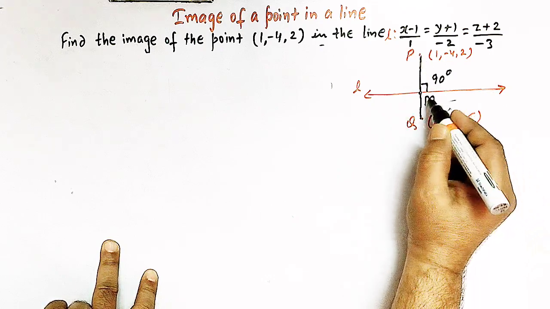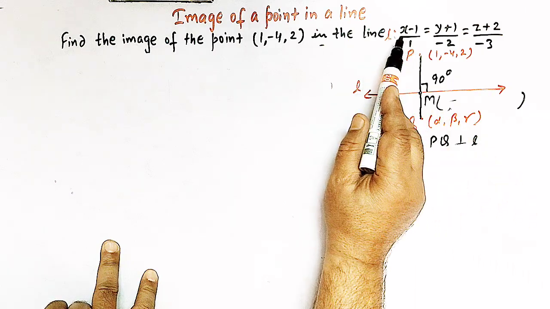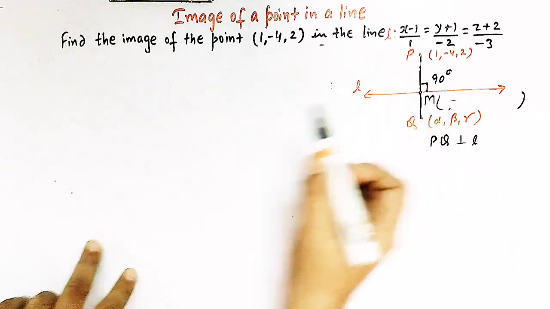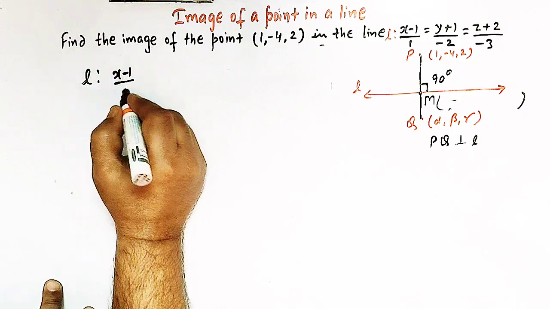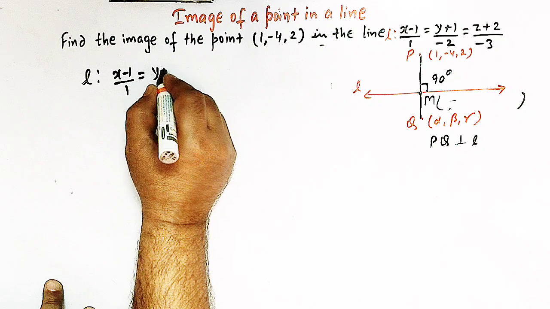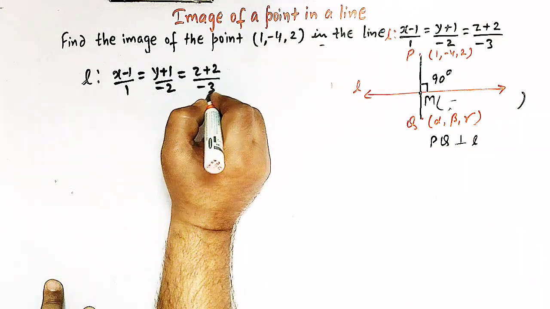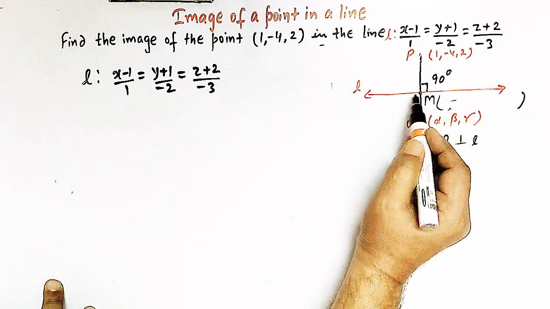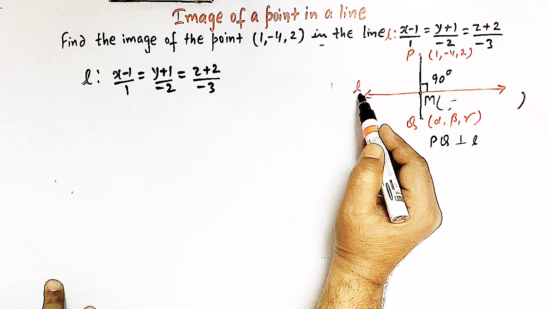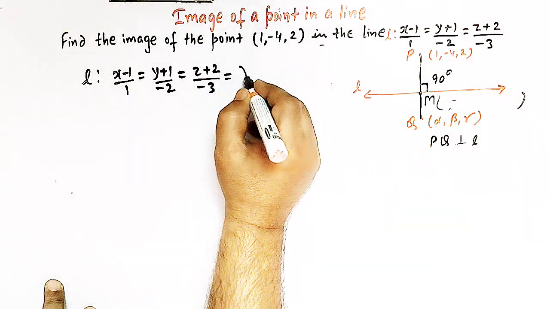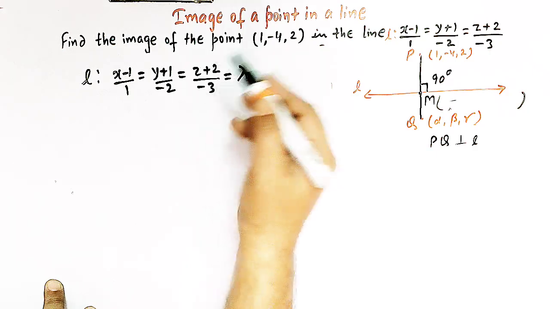So let us now write the coordinates of this point M using the equation of the line L. So here we are given the equation of line as (x minus 1) over 1 and (y plus 1) over minus 2 and (z plus 2) over minus 3. Now this point M lies on both the lines, that is the line PQ and the line L. So here let us introduce a scalar lambda, which is a real number.